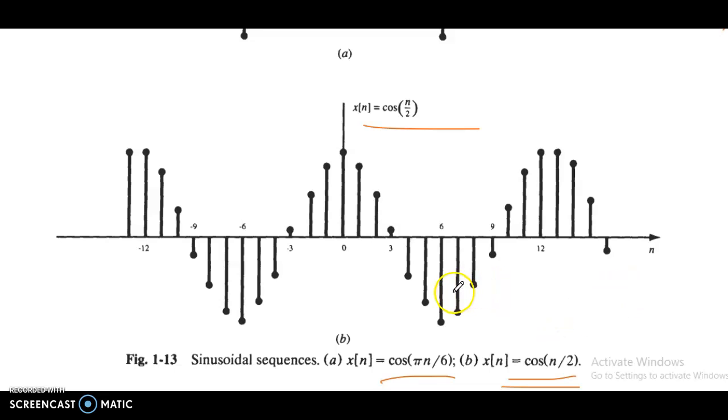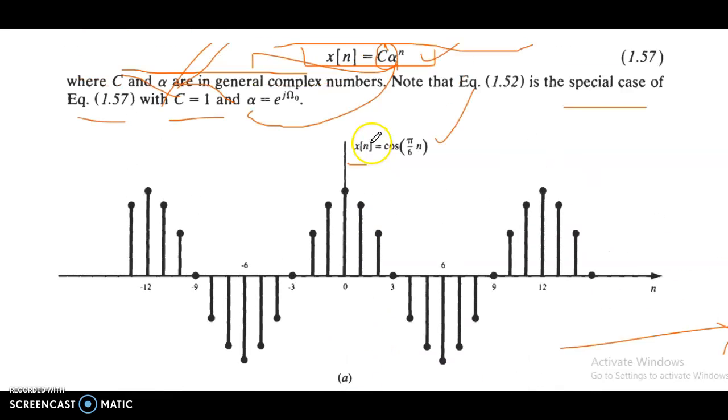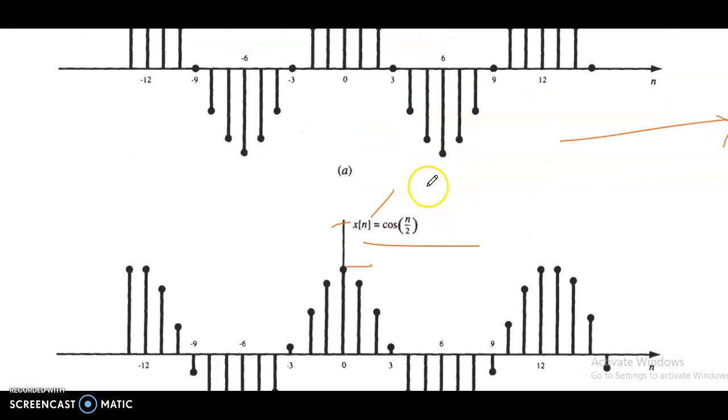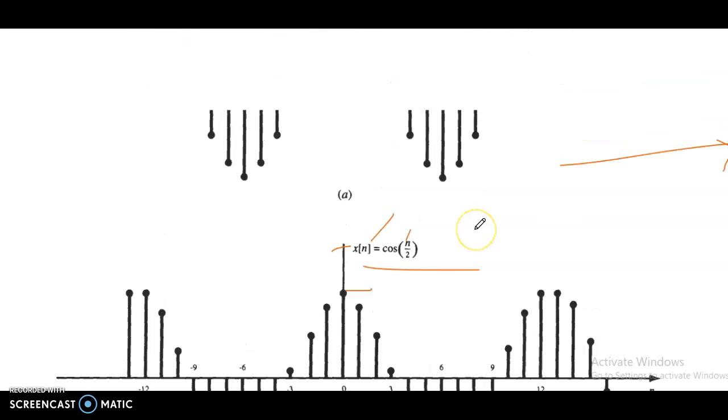Here x of n equals cos n by 2, compared with cos pi n divided by 6.